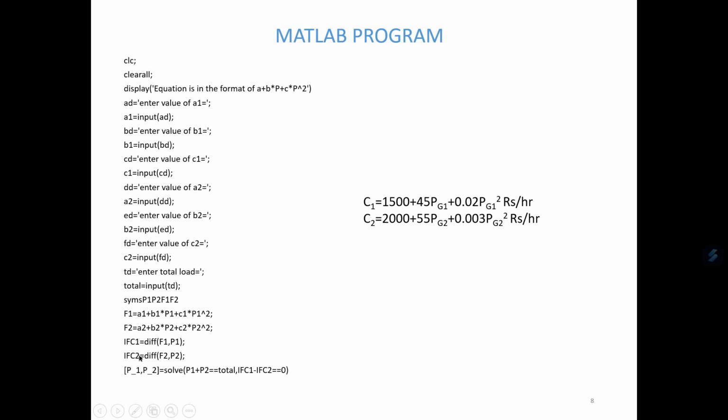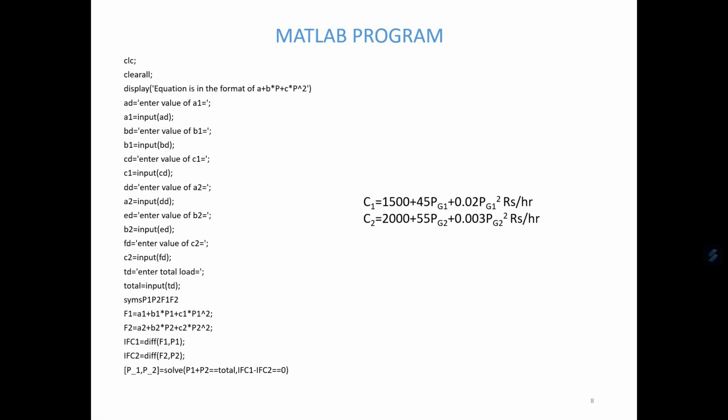Similarly, incremental fuel cost of generator 2, IFC2, is the differential of F2 with respect to P2. To solve this, P1 and P2 are variables. Solve P1 plus P2 is equal to total, and IFC1 minus IFC2 is equal to 0. Then you will get the values of P1 and P2.